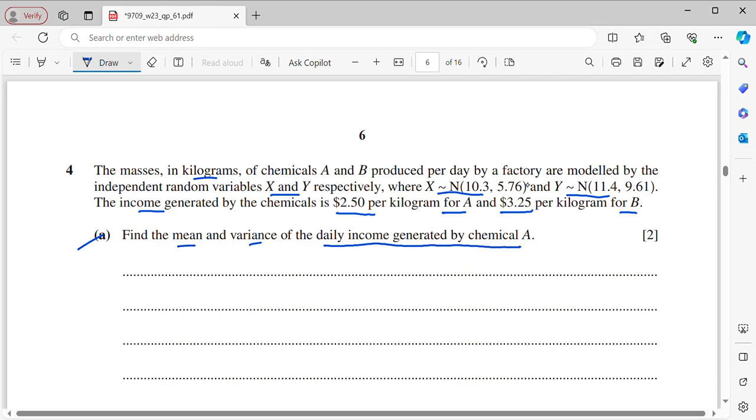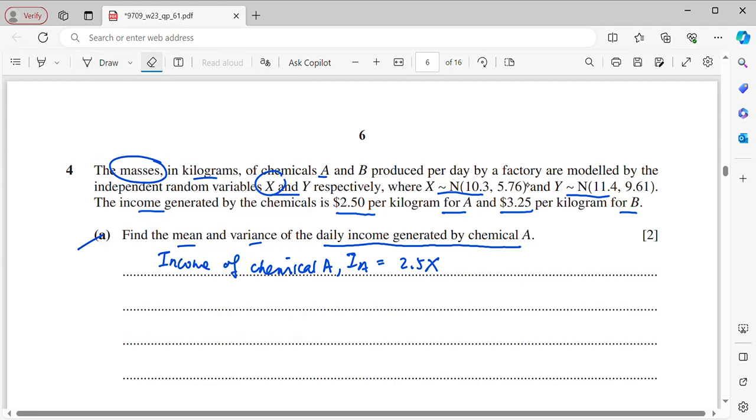Okay, so now from here, I will write my income of chemical A as IA. IA will be 2.5X because X is basically the mass of chemical A. The B no need to write, because the question is asking for A only.